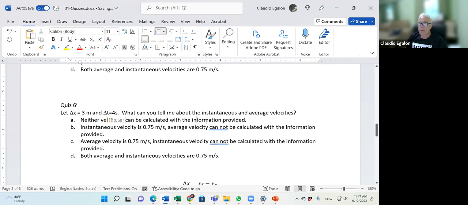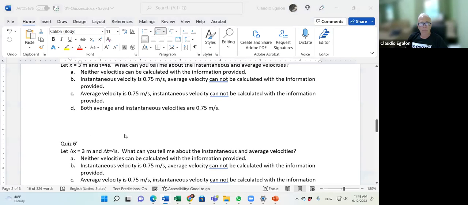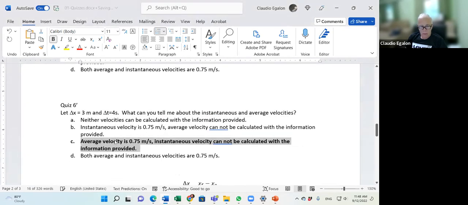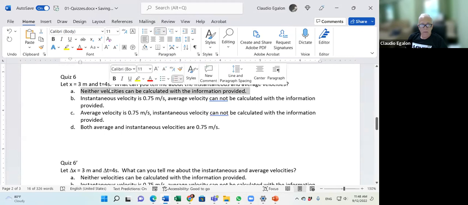What can you tell me about the instantaneous and average velocities? Well, in this case, the correct answer would be this one. I made just a minor change to the formulation of the problem, and I'm getting a different answer. Make sense?